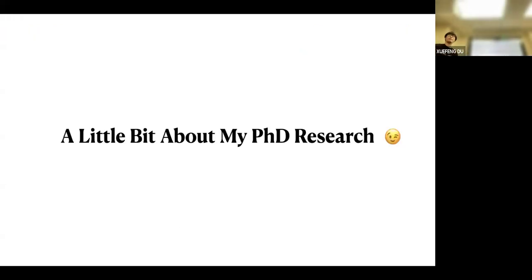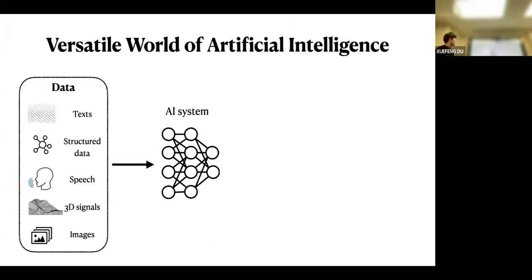First, before diving into the technical details of this project, I would like to introduce some of the background of my research to give you context. My PhD journey really starts from the observation that current AI systems are versatile.